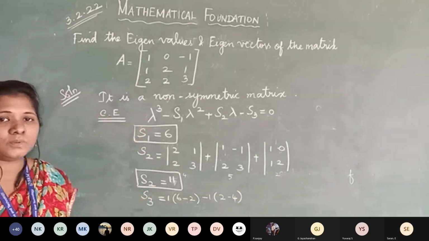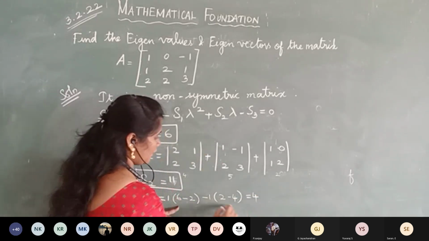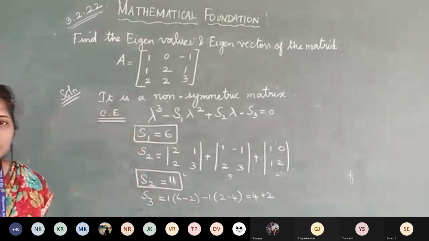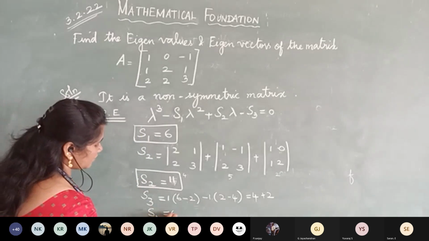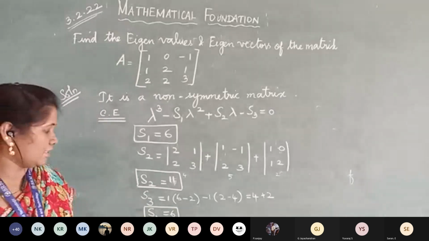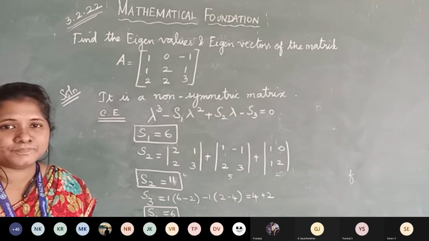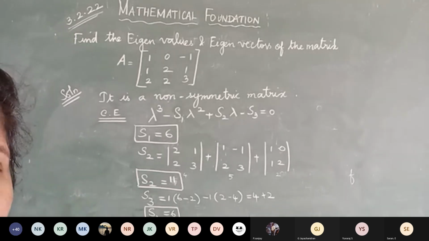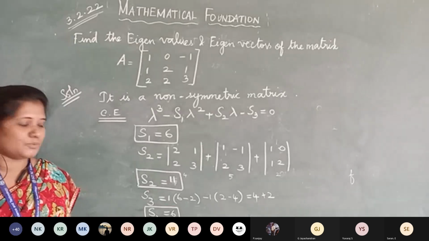Zero with anything becomes 0. So you have 4. Here 1 minus 2 plus 2 gives S3 equal to 6. Do it very fast, then only you'll be able to finish it. I've told you so many times. Are you getting S3 to be 6?